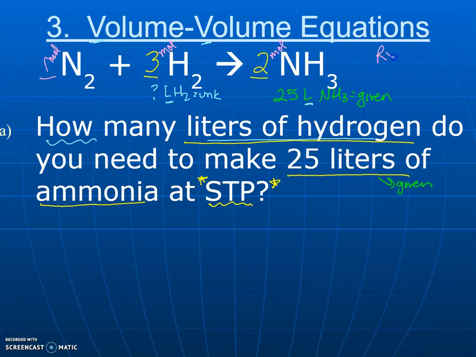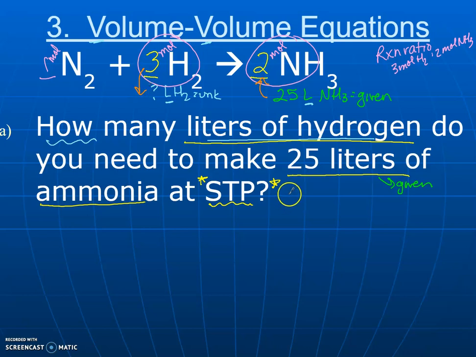So my reaction ratio is going to be 3 moles of hydrogen for every 2 moles of ammonia. So write that down, 3 moles of hydrogen for every 2 moles of NH3. So we have to get back and forth between liters and moles at STP and then moles to liters at STP.